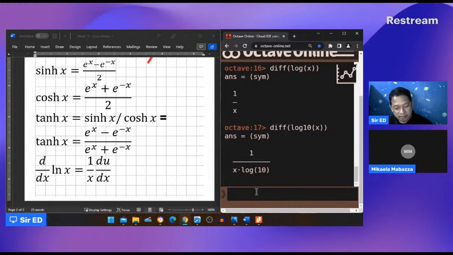Iba yung formula doon, pero doable na ito, kasi ito ay 1 over x ln of 10. Okay, sinimplify niya na ln of 10. Yun yung makikita natin diyan.